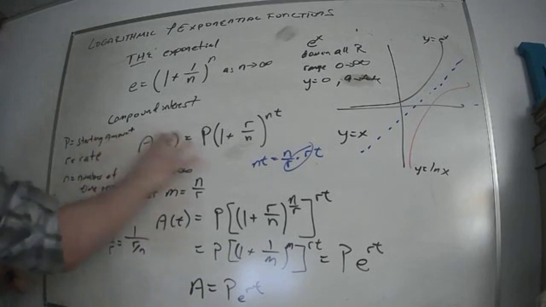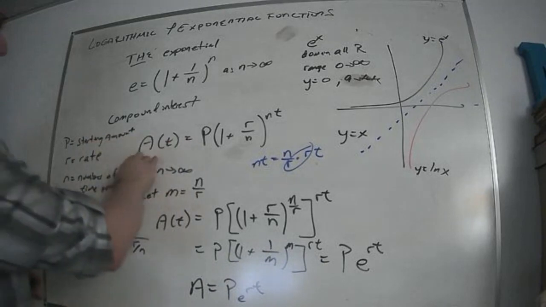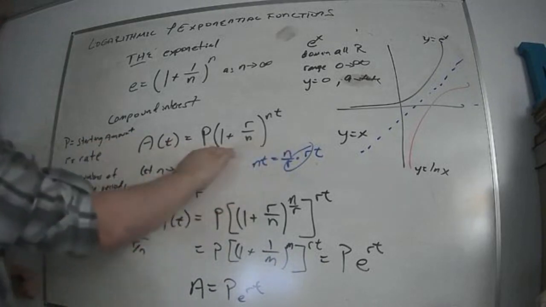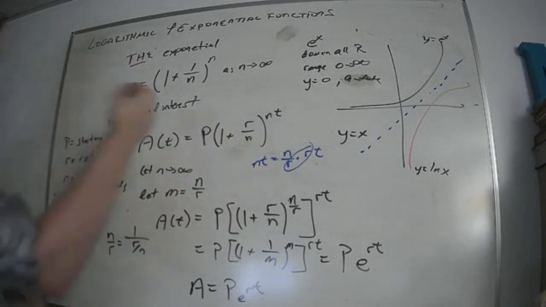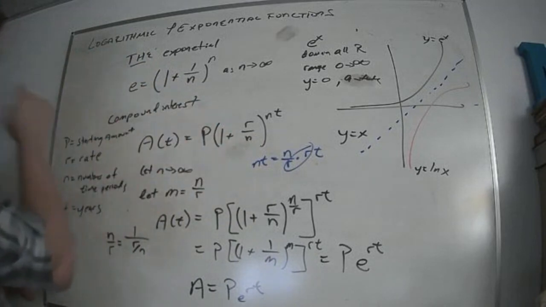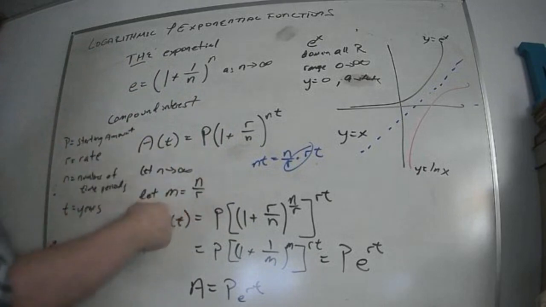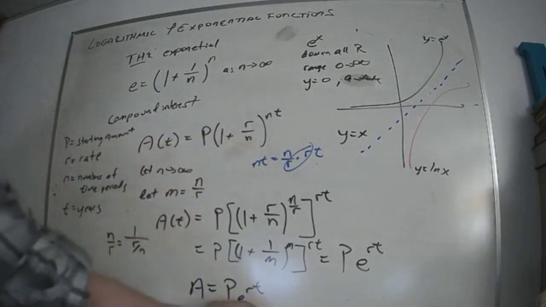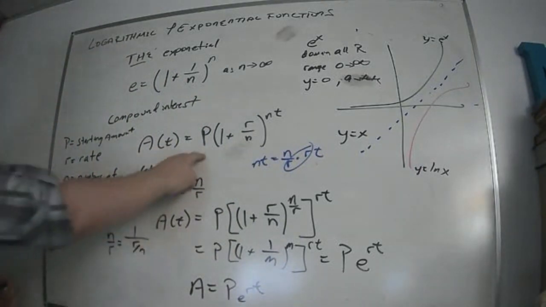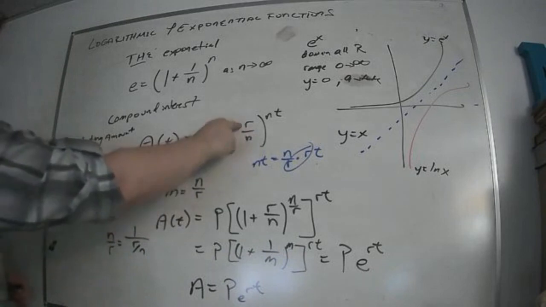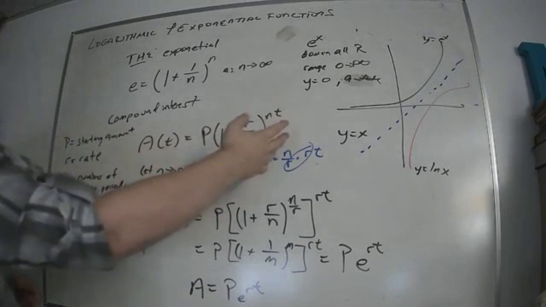But this is an example of how we can take a known discrete function, something that's working every hour, every day, and replace it with something that's working every instant of every point of time, and simplify it. Now, the other way it's simplified is if you look at these two things, and I say, okay, here's the rate, here's the time, I have to give you a number of time periods.